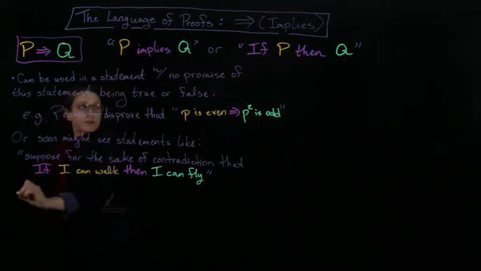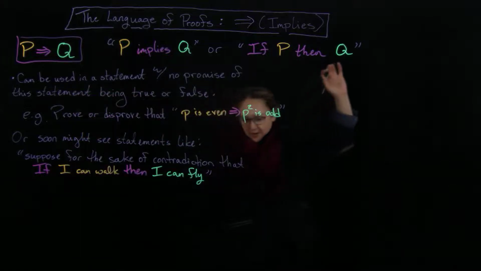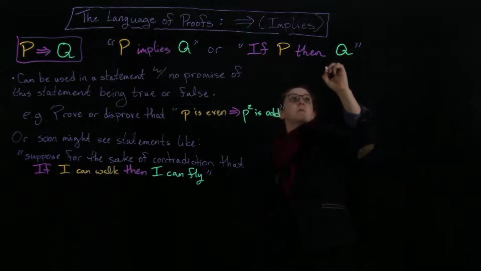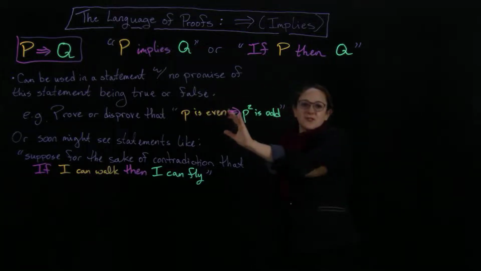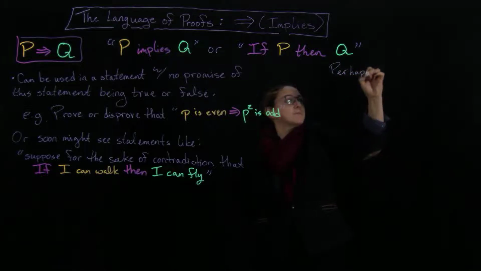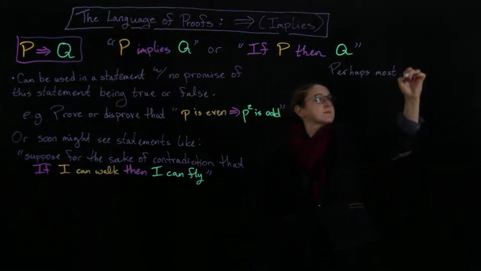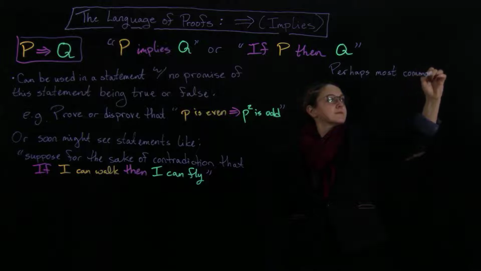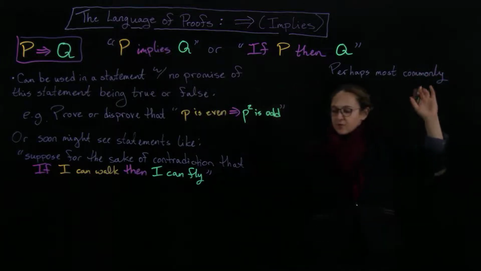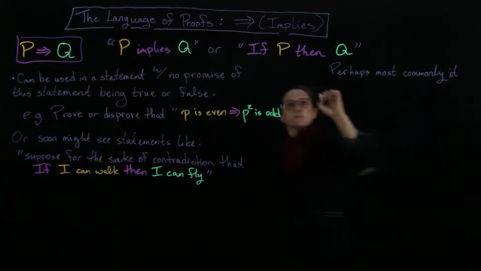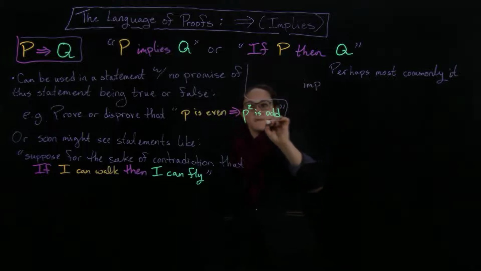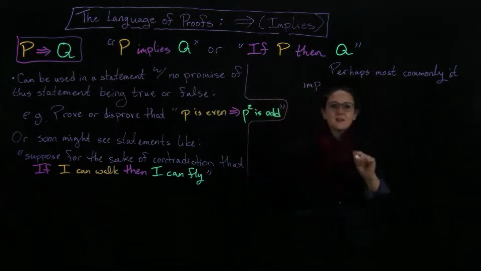The other part of this is, perhaps most commonly, it implies, even though we can use this for false statements, that Q is true since P is. I'm going to do this so that it's clear that this is separate.